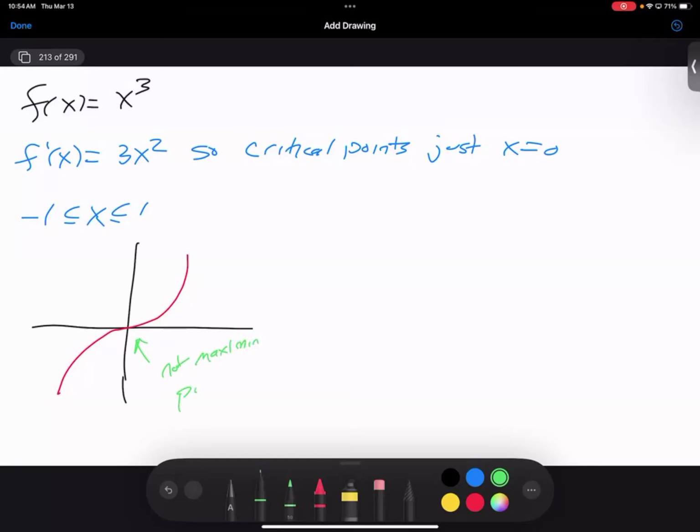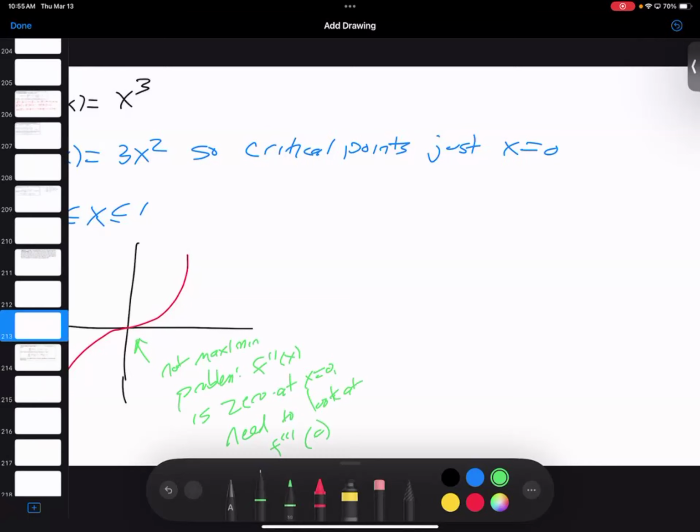The problem is the second derivative is 0 at x equals 0. We need to look at the third derivative at 0, and that's what's causing the problem. So just because you have a critical point doesn't mean it has a maximum or minimum there.